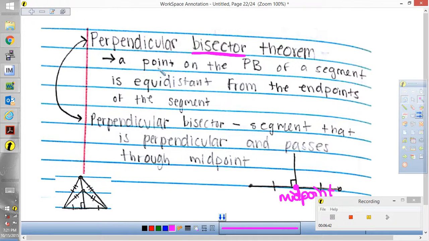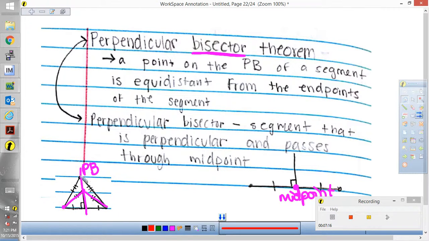How this applies to us in triangles is that any point I put on this perpendicular bisector, this line here, the PB of this triangle, is equidistant from the endpoints of the segment. So this length is going to be the same as this length.